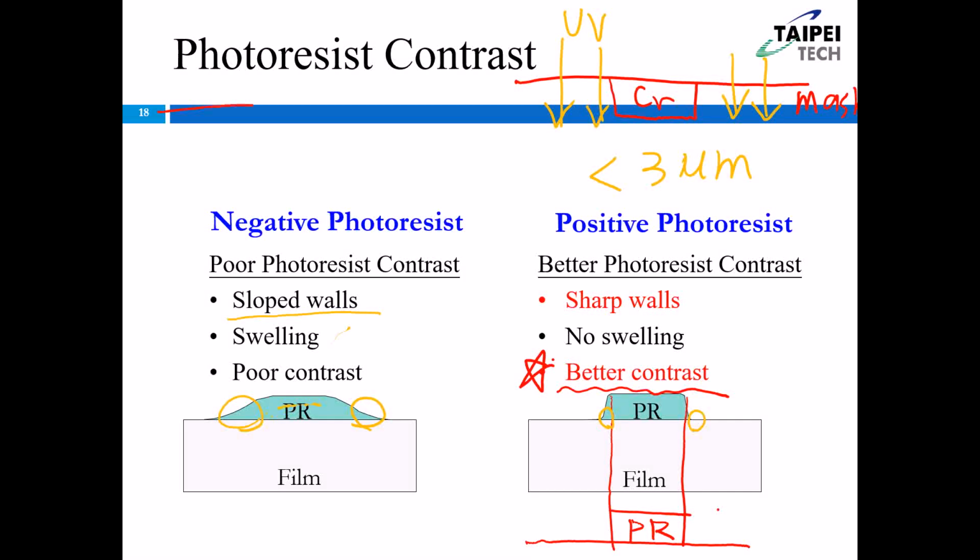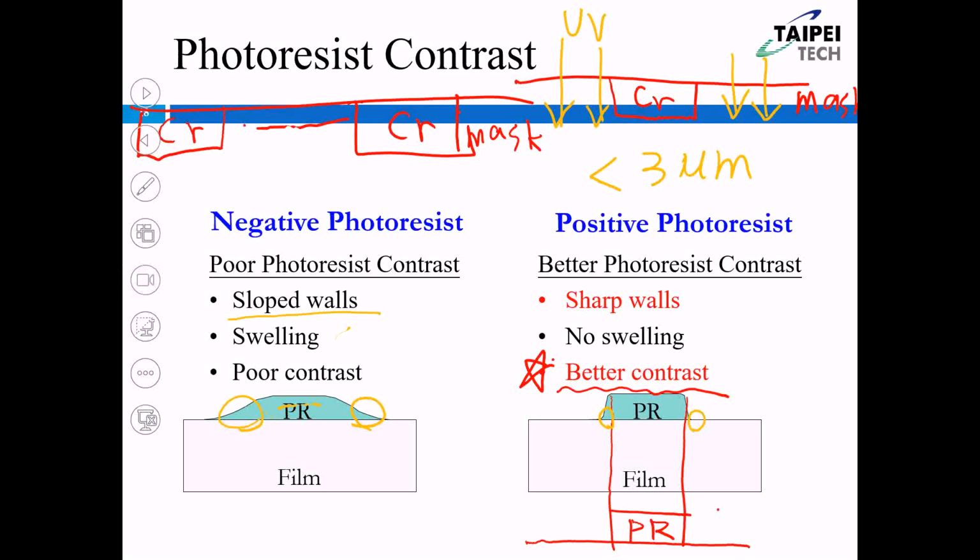For the negative PR, we mentioned right now we only focus on the cross-section view of the mask, okay? So if I want the central region to have the PR, our mask must look like this. So the central region, we need to expose to the UV light, right?